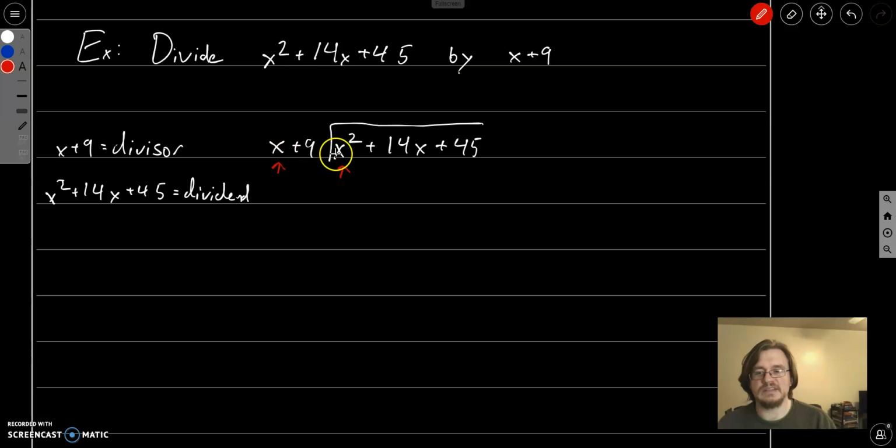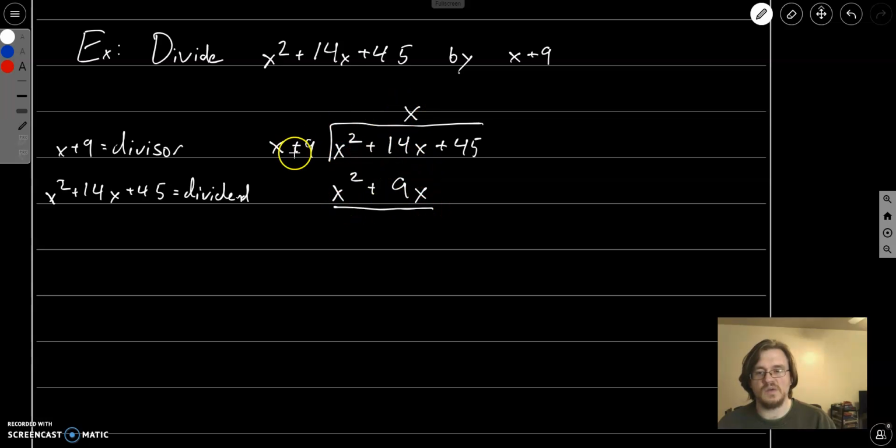So how many times does x go into x squared? If you take x squared and divide it by x, you get x itself. So we divide, we multiply, so x plus 9 times x, I'll have an x squared for the x times the x, plus a 9x, 9 times x is 9x.